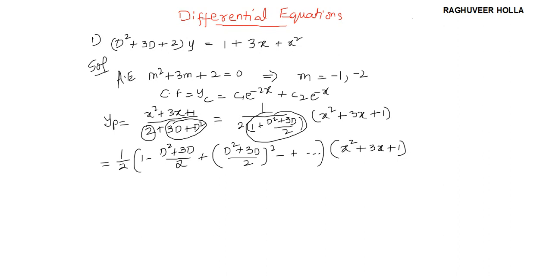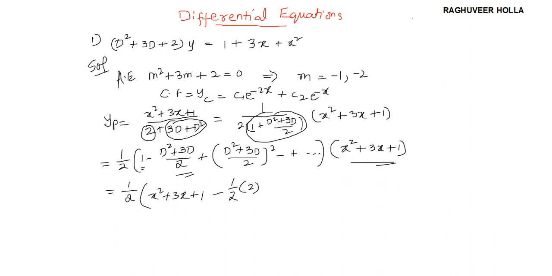Fine, let us try to multiply these individual terms with respect to these things. The first term, the whole term with respect to this, would be x square plus 3x plus 1. Now this will be -1 by 2. Differentiation of this I get 2, so I'll multiply with 2, and the rest of the terms become 0 because it is D square.